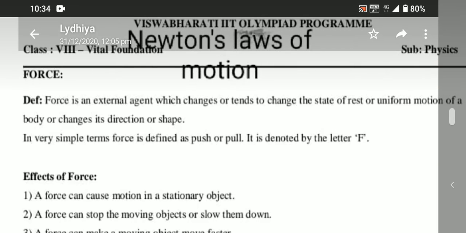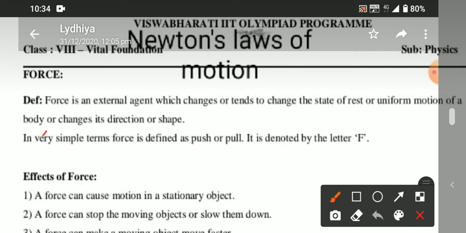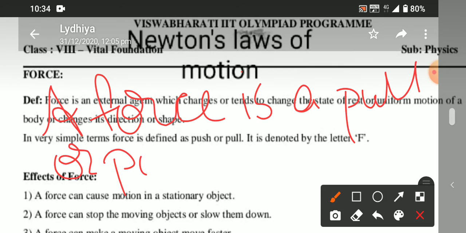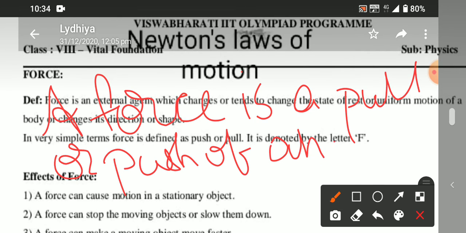A force is a pull or push of an object. I have written object in short form. A pull or push of an object is known as force.